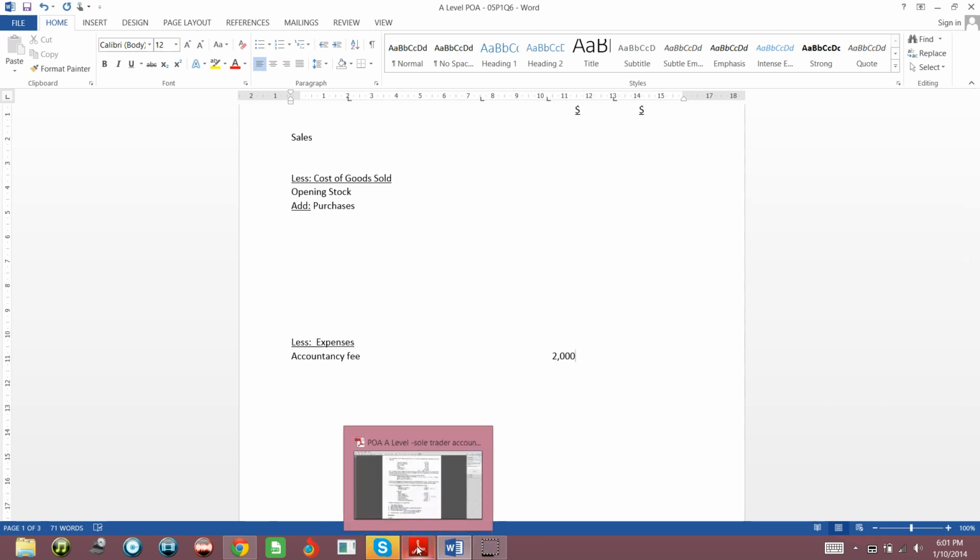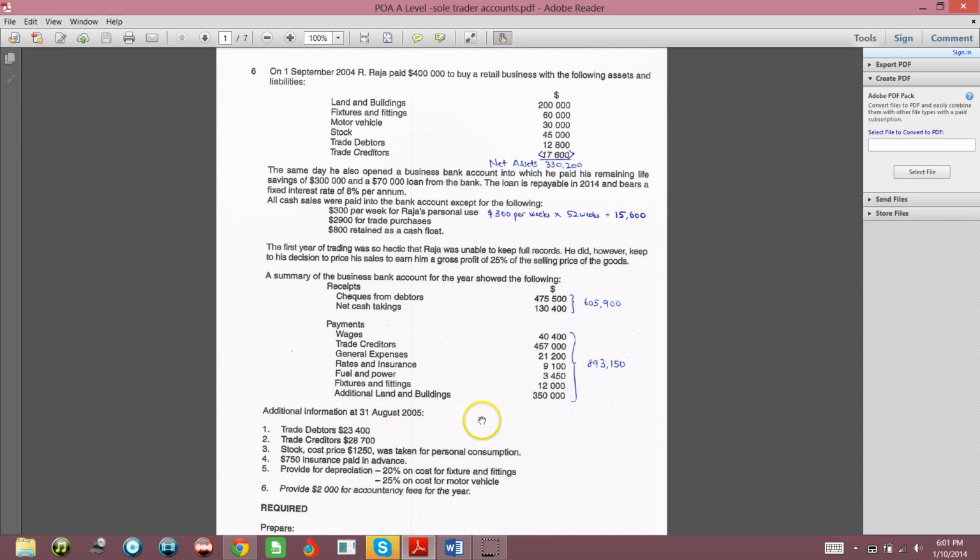Then I look at the question. What else am I going to do to proceed? When I look at the question, I get scared already because it looks terribly difficult. But if you look over here, there are payments, all these things. Wages, I know that wages is an expense. General expenses is an expense. Then you have rates and insurance, fuel and power.